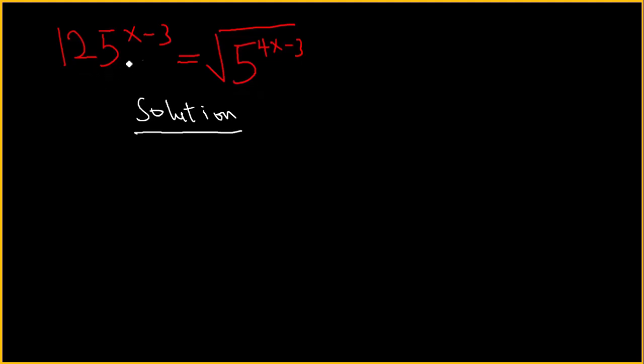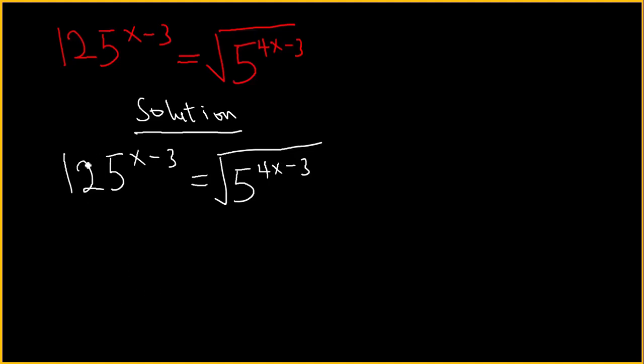So comparing these two bases, the 5 is the smaller base, meaning we have to change 125 to a base of 5. 125 is equal to 5 times 5 times 5. 5 times 5 gives us 25, and then 25 times 5 gives us 125.